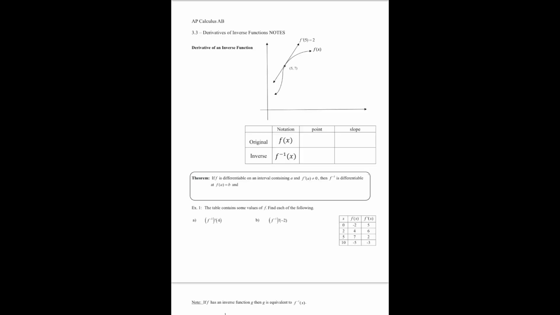So let me rewrite this. And then this new problem is saying, well, if 2 was the output of the f function, what was the input? That's why it's 9. All right, so with that all being said, let's jump into this lesson.